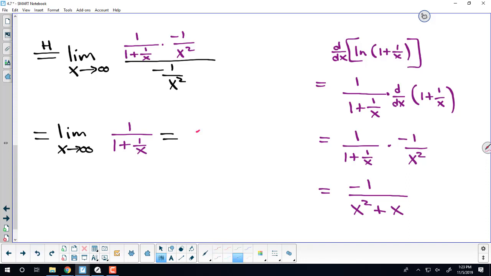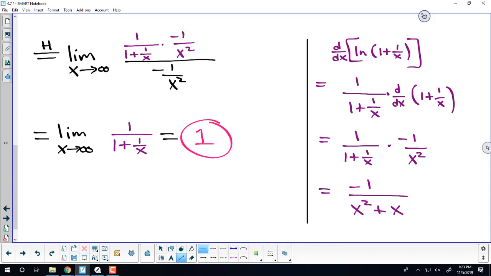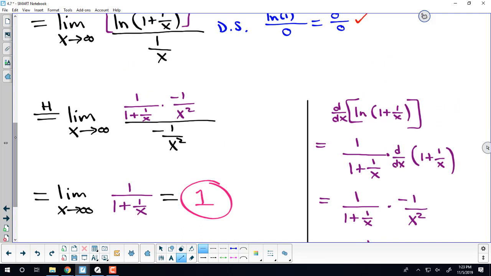Okay, so remember that's not the actual limit, because that was just the power attached to e. So the answer is e to the first, or e.